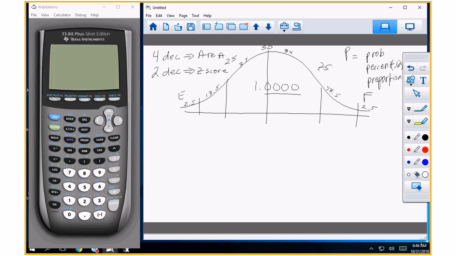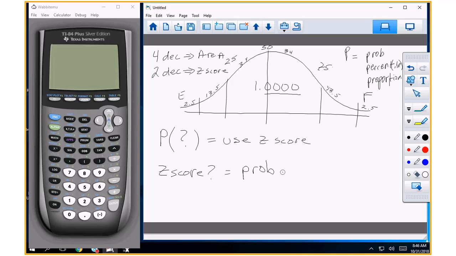Now, what in the world are we going to be doing? Well, the question will ask you for a probability. If it asks for a probability, then you're going to be using the z-score. If it asks for a z-score, you're going to be looking for a probability.